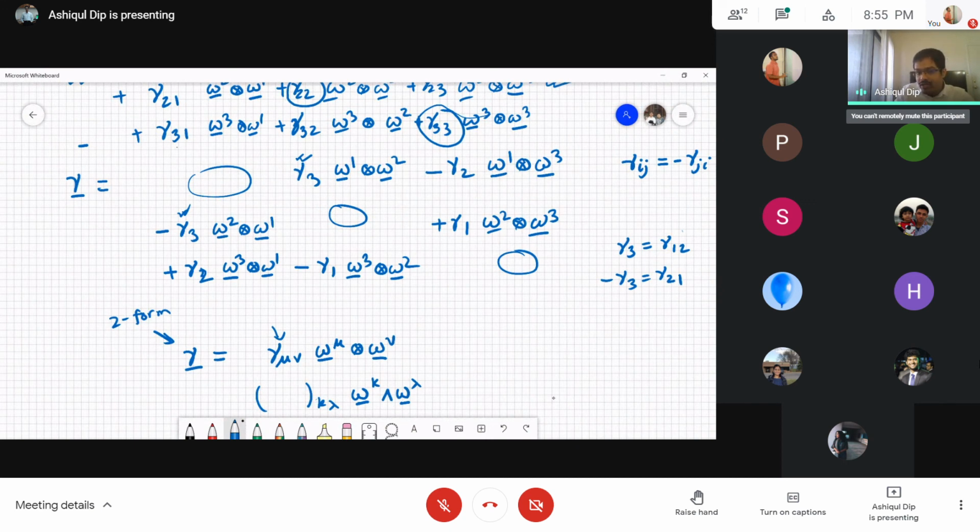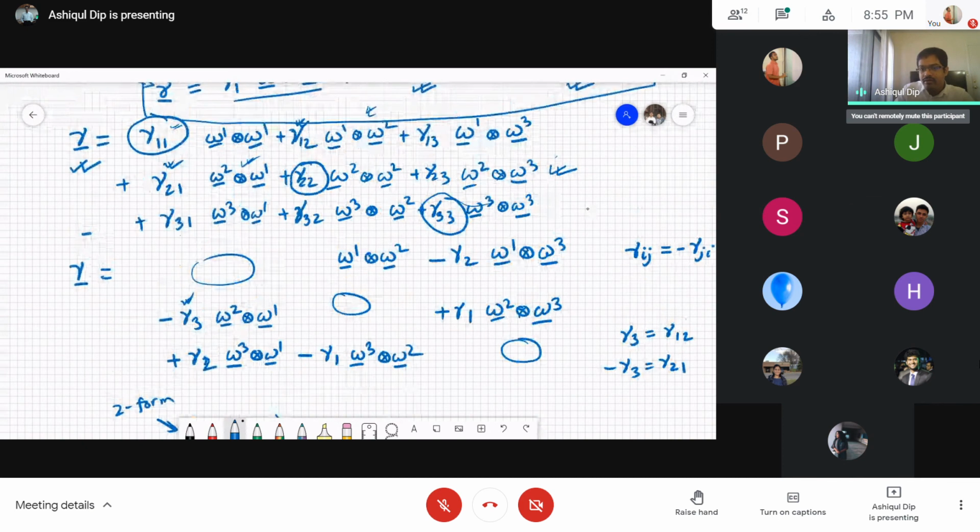So gamma 3 should be replaced with what from the above expression here? Gamma 1 2, and minus 3 should be replaced with gamma 2 1, and so on. So basically we should have some structure like this whole thing, except we should not have this term, that term, and that term, right?